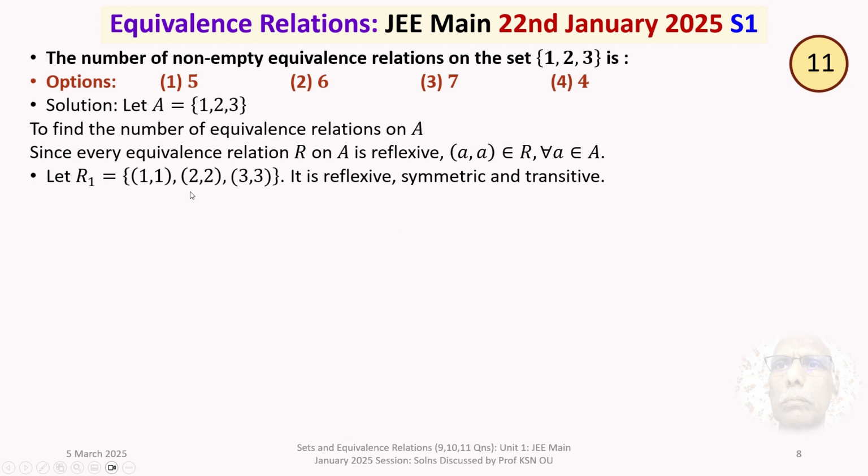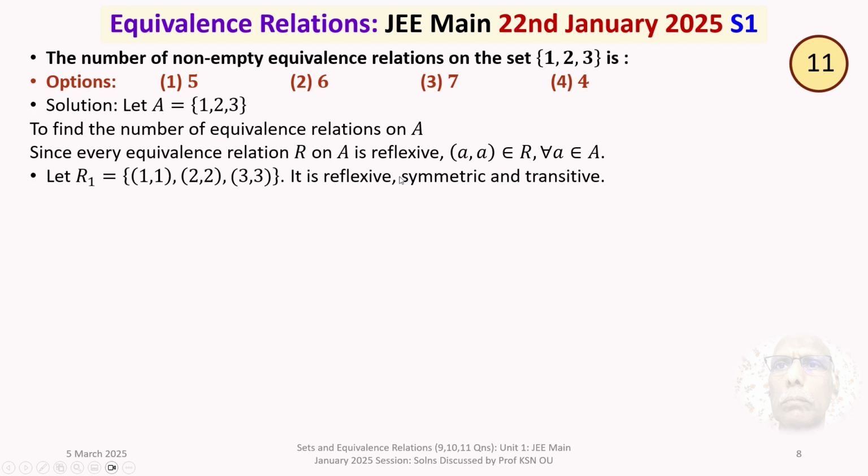So is there (a, b) and (b, c) in R1? No. When there are no such elements, there is no question of transitivity coming into the picture. Therefore, transitivity is not failed. Therefore, transitivity is satisfied.